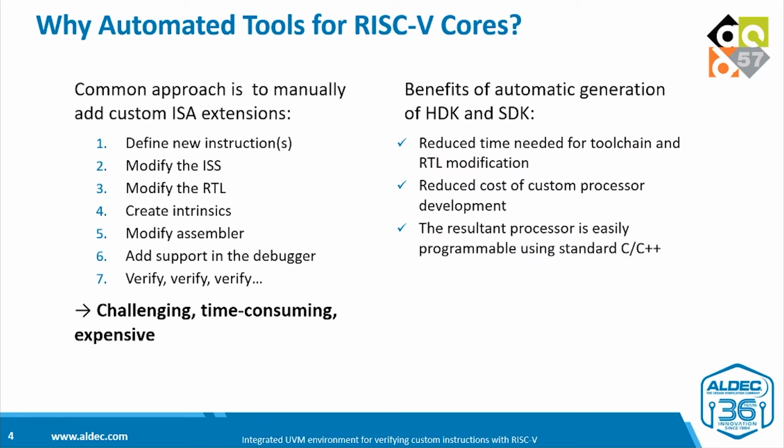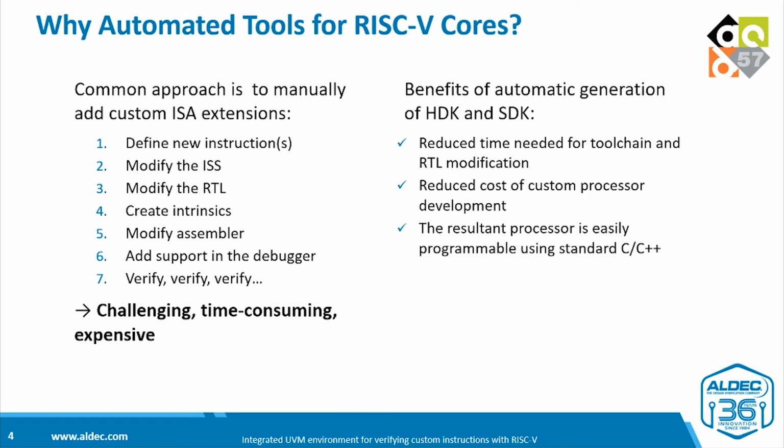So why use automated tools as we are advocating? Well, a common approach is to manually add custom ISA extensions. So you have to define the new instructions, then modify both the instruction set simulator and the RTL. You probably have to create intrinsics for your compiler, modify the assembler, add support in the debugger, and verify.